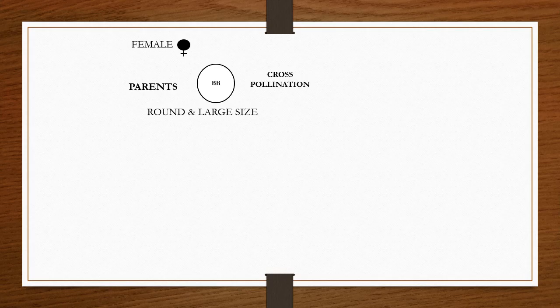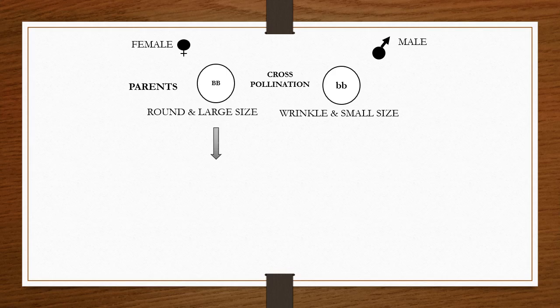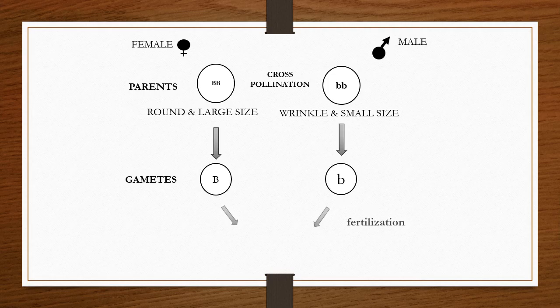When it is cross pollinated with a wrinkled, small sized one, that means small b, it synthesizes less starch and is small in size and wrinkled in shape. So now this round and large sized parent produces the gamete capital B, and the wrinkled and small sized parent produces a gamete with small b. So due to fertilization, it forms the F1 generation, that is capital B small b.